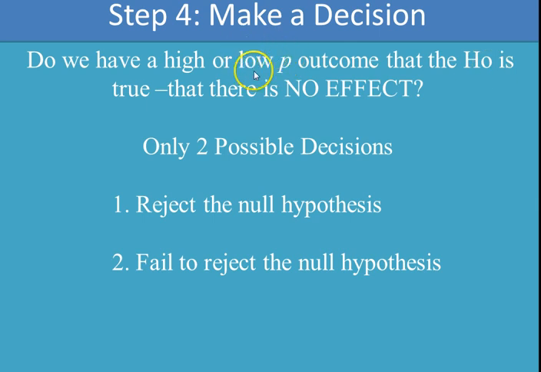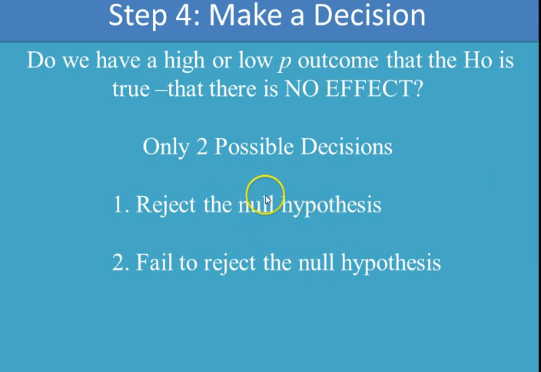Or do we have a low probability outcome that there is no effect, that H0 is true? Once we answer that question, then we can make one of two decisions. There are only two possible decisions that you can make. You can either reject the null hypothesis or fail to reject the null hypothesis.